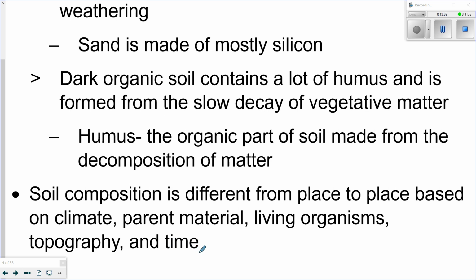Did someone come and dig up the ground in the area and bring in new soil and new material? But everything from the rock breaking down to organisms decaying, all of that does take time. So the soil may be constantly changing, even if you're in the same location.